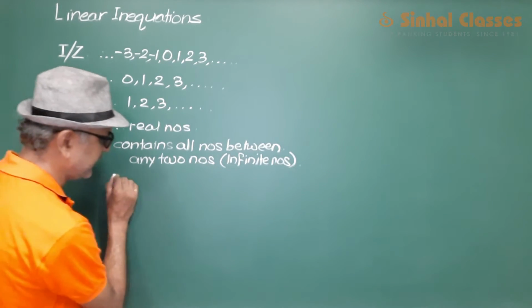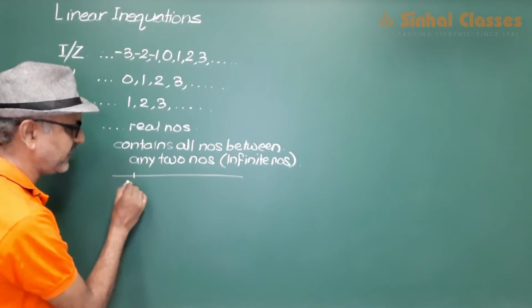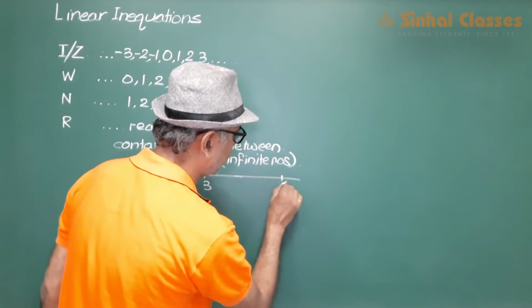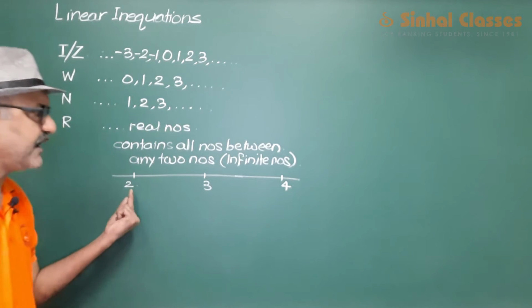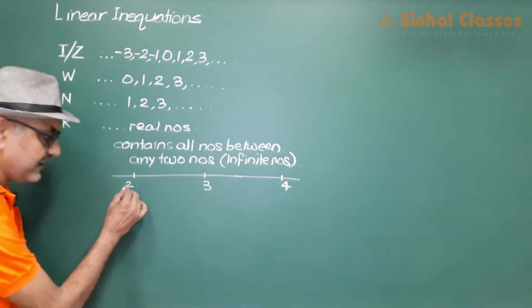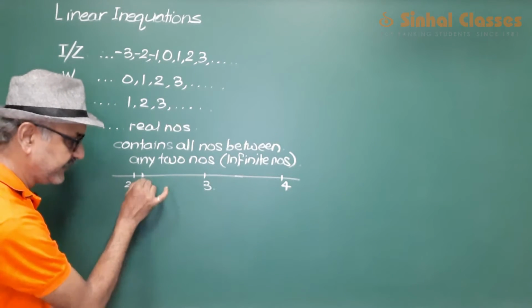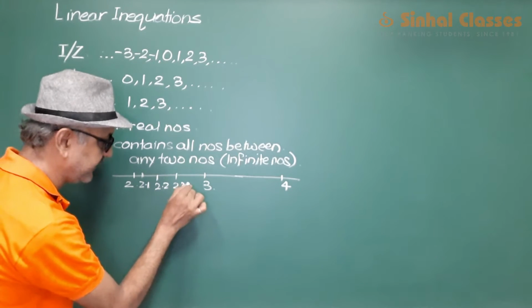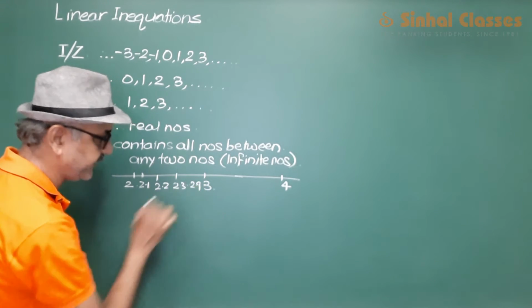Now suppose I have a number 2 and a number 3 on a number line. If I ask you what are the numbers present between 2 and 3, you'll see that between 2 and 3 there are numbers 2.1, 2.2, 2.3 up till 2.9.